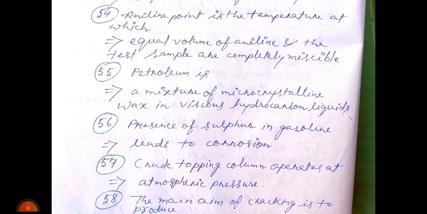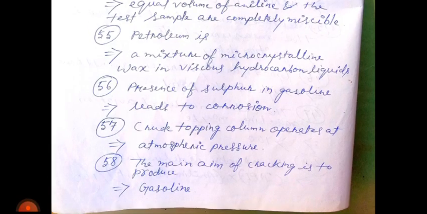Petroleum wax is a mixture of microcrystalline wax in viscous hydrocarbon liquids. Presence of sulfur in gasoline leads to corrosion. Crude topping column operates at atmospheric pressure. The main aim of cracking is to produce gasoline.